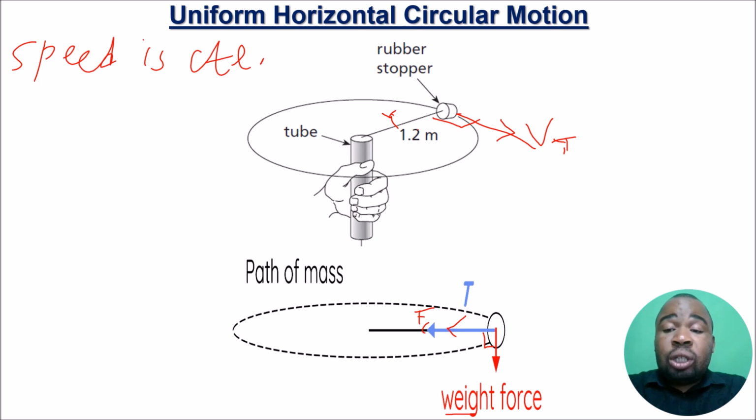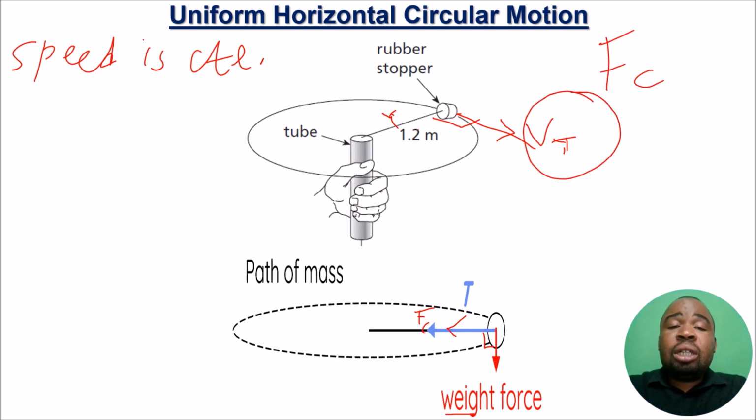Lastly, I want you to realize that the gravitational potential energy of the object remains the same. In other words, the height of the object from the ground does not change since it is a horizontal circle. Now, in today's business, we want to calculate the centripetal force using tangential velocity, which in magnitude is the same as the speed along the circular path.